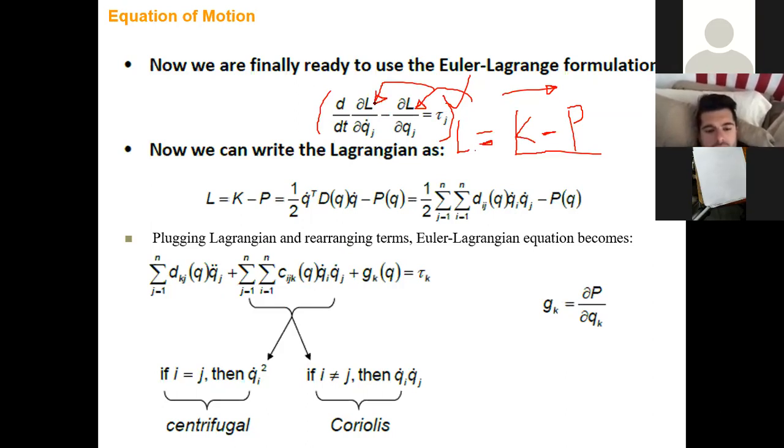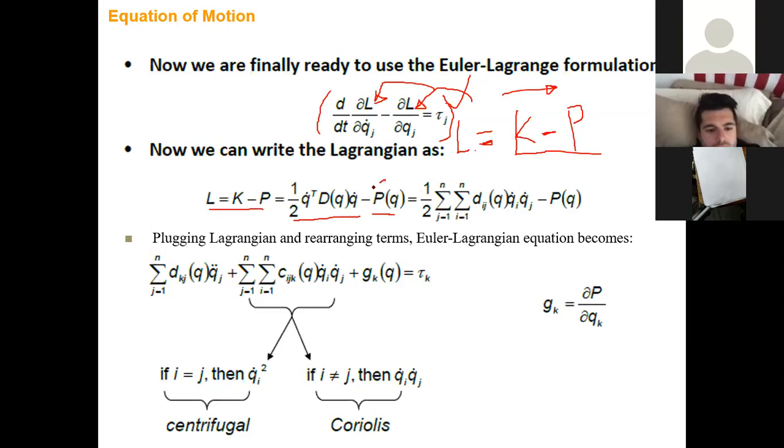Now we know L equals K minus P, which is 1 over 2 q dot transpose D q dot minus P, right? Where P is the summation of all those P's, P1, P2, P3, that gives us big P.